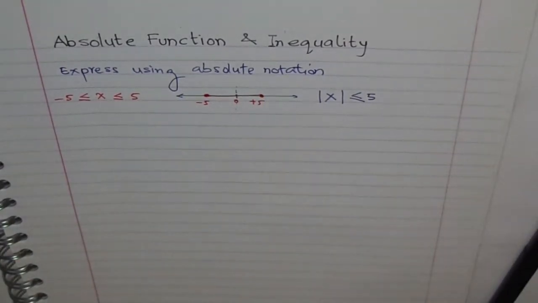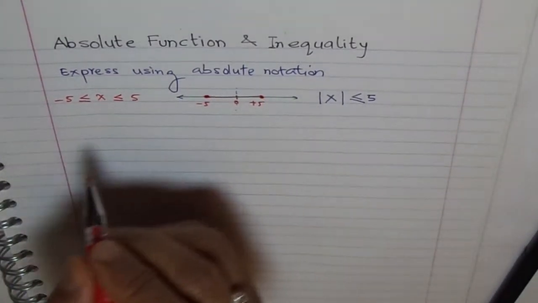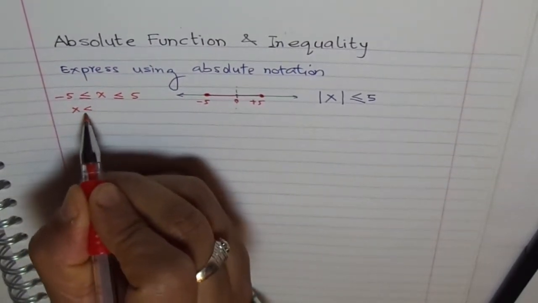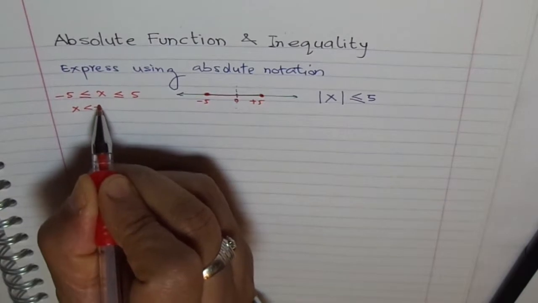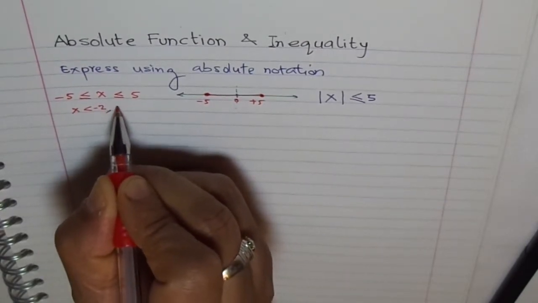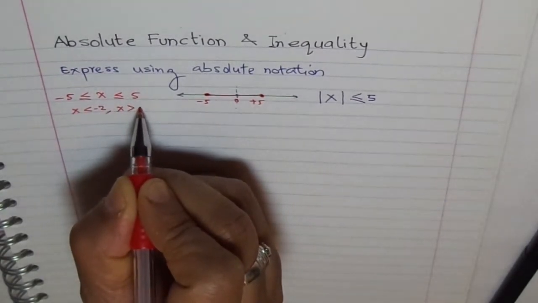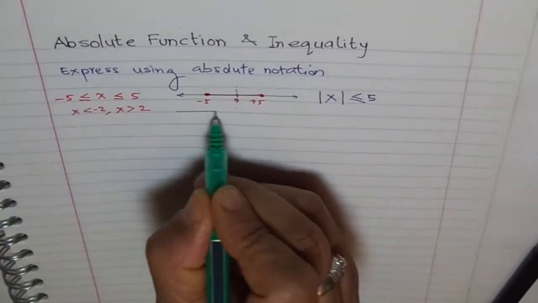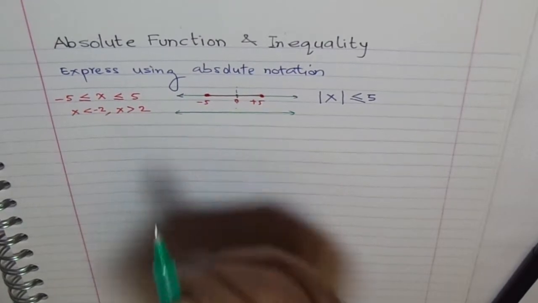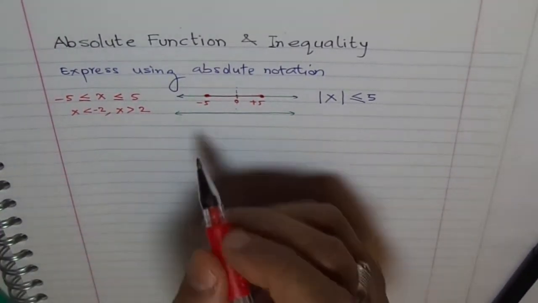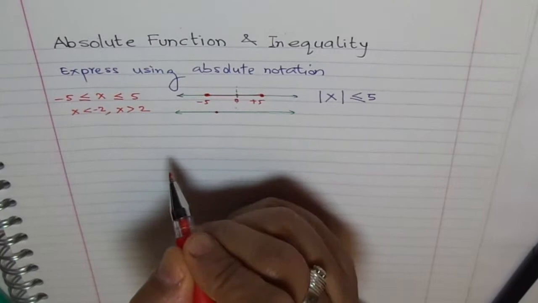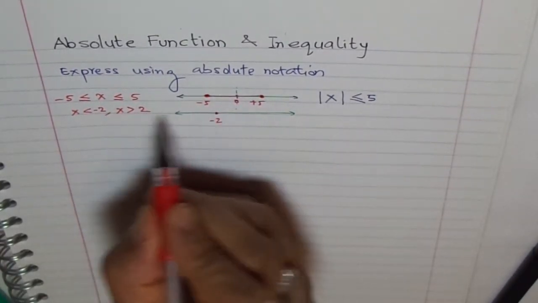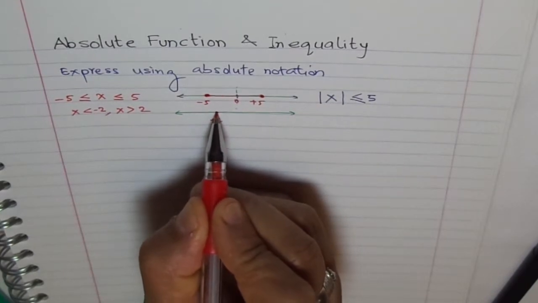How about this? Let me write a different kind this time. That x is less than -2 and x is greater than +2. Now, let me show you on the number line what I'm trying to say. Let this be -2. We want x less than, means this side.